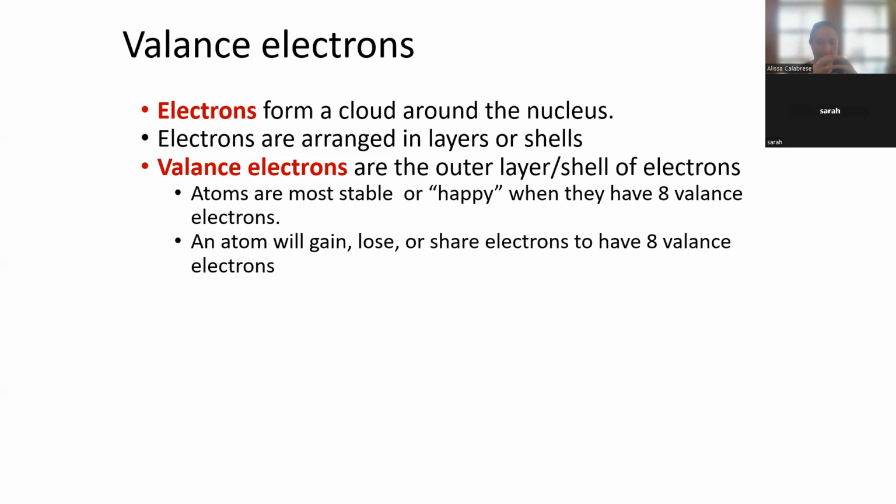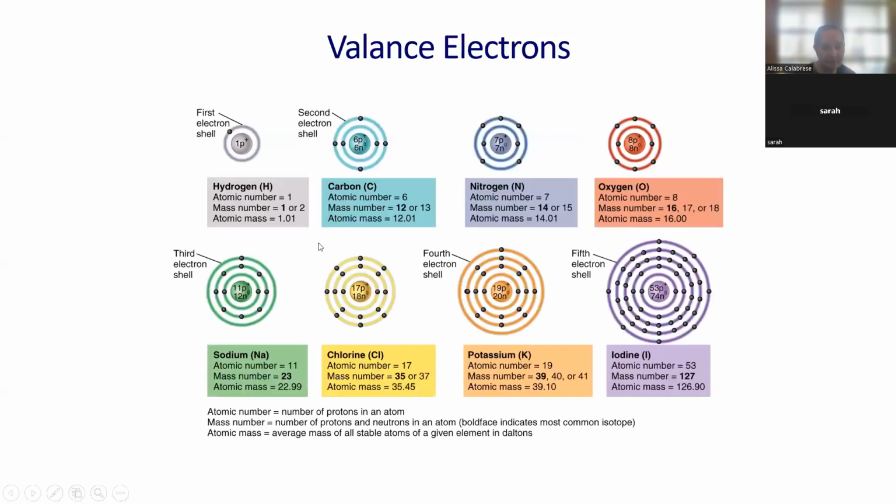The first ring around the nucleus usually holds 2 electrons, then the next one holds 8. Whatever the outermost shell is, we call our valence shell. And usually that valence shell wants to be full, to have the maximum number of electrons.